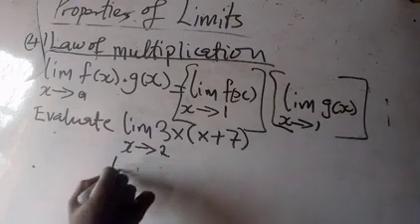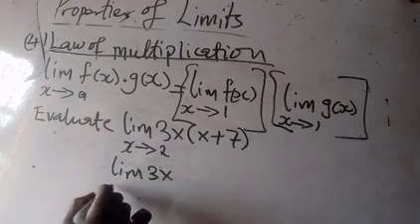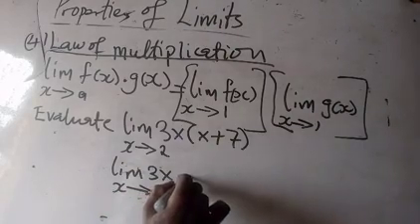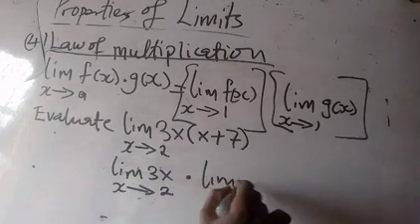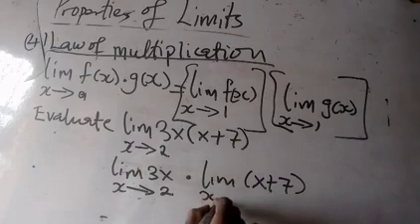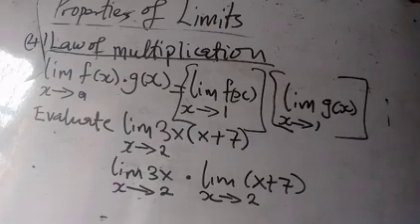So it's going to be the limit of 3x as x tends to 2, multiply limit of x plus 7 as x tends to 2.